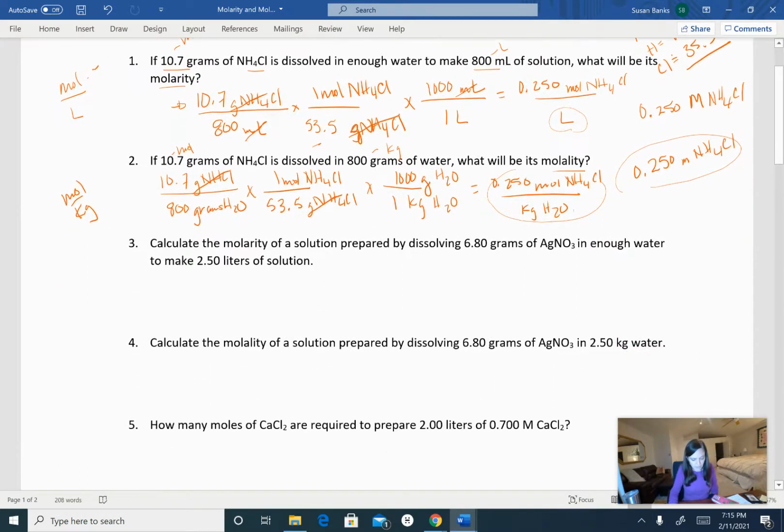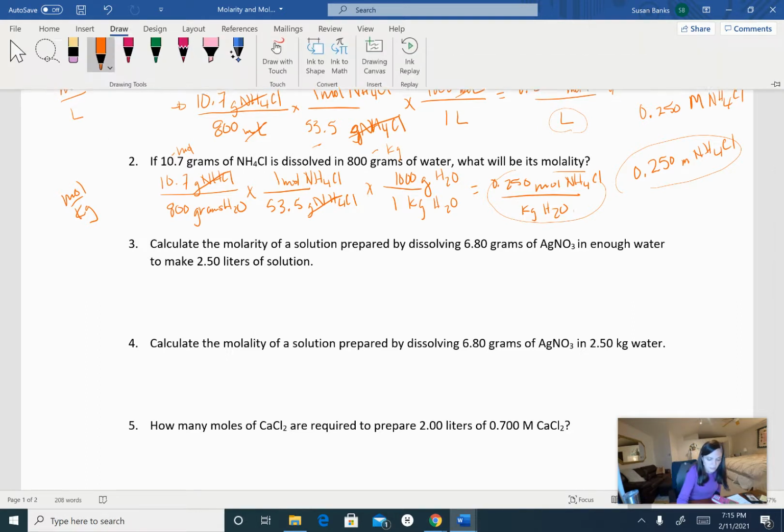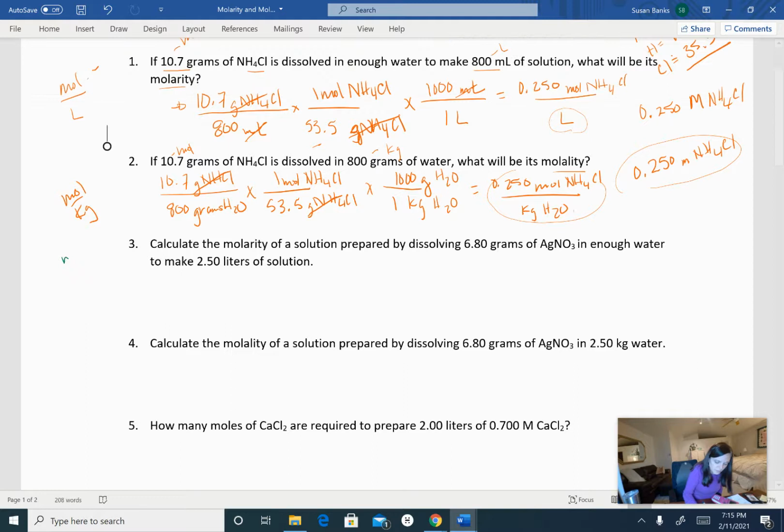Okay, number 3, calculate the molarity. So molarity, we are still going for moles per liter. Okay, we've got 6.8 grams of silver nitrate, so we've got to get that into moles. And we're making 2.5 liters of solution.